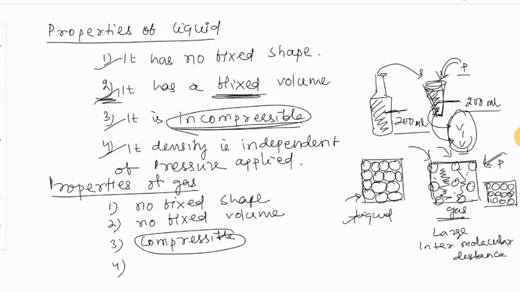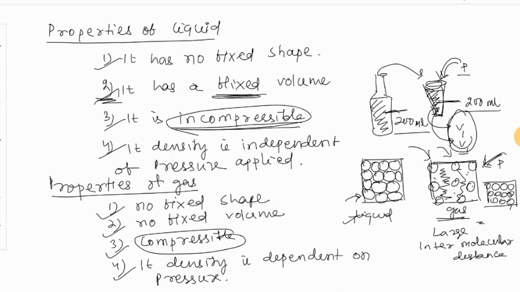That's why their density before applying pressure and after applying pressure are different. So you can say its density is dependent on pressure. So these are the properties of gases.